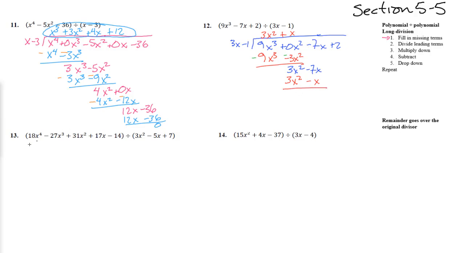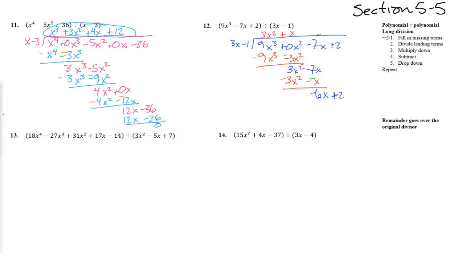And subtract. Let's mark that in a different color to remind us that we always need to subtract, even if there are already negative signs there. 3x squared minus 3x squared is gone. Negative 7x minus a minus x. Negative 7 plus 1 is negative 6x plus 2.